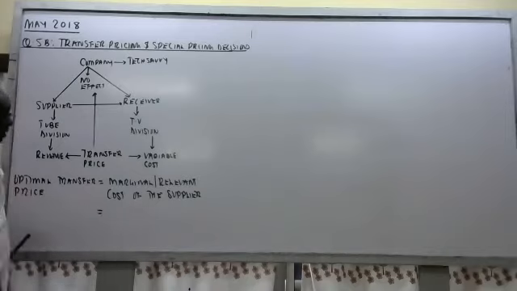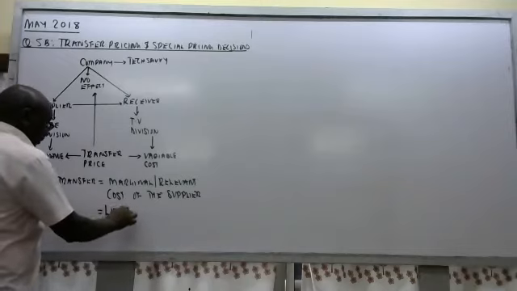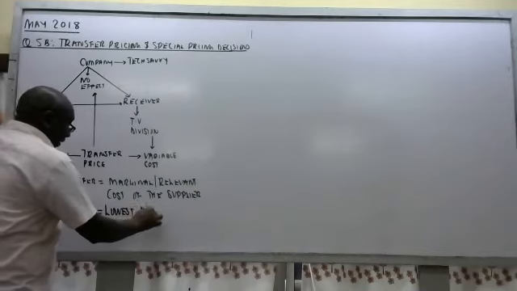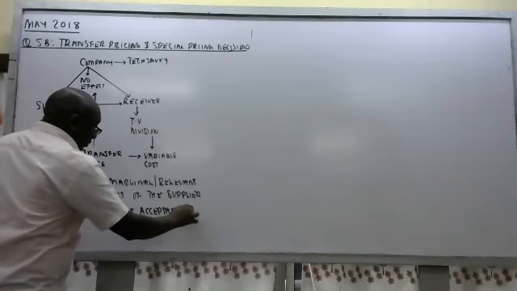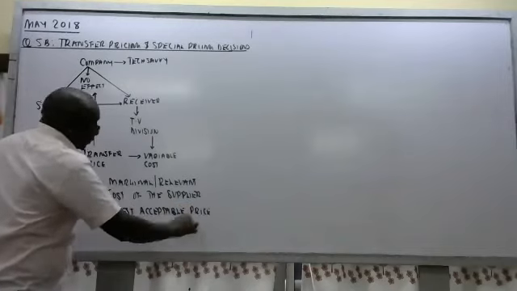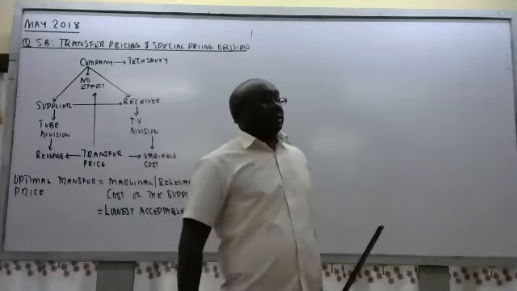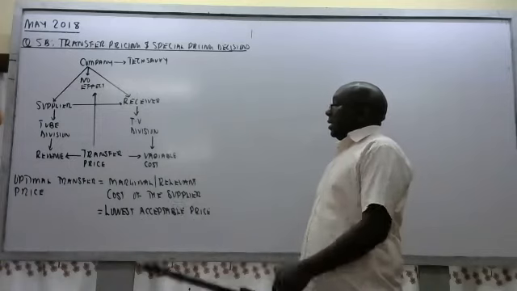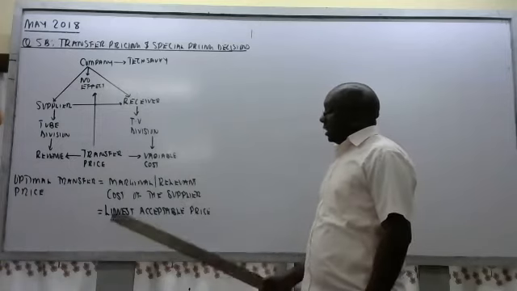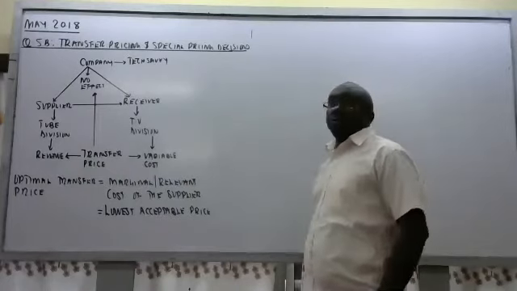And remember, this is the one that we call the lowest acceptable price. So when the question asks you to tell us the lowest acceptable price, we need you to tell us the marginal or the relevant cost of the supplier. That is the Tube division.